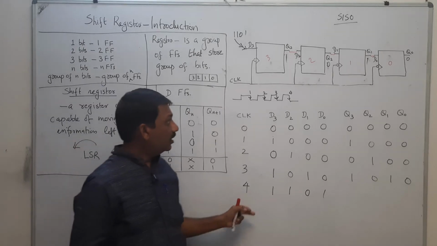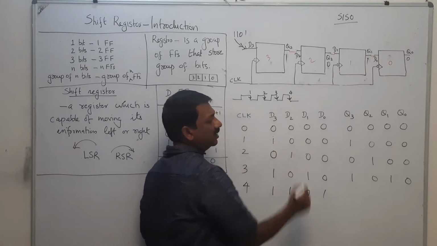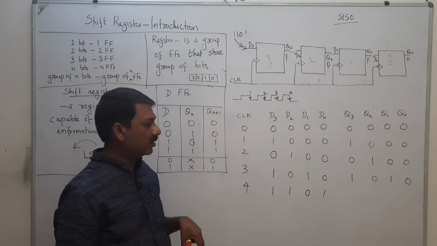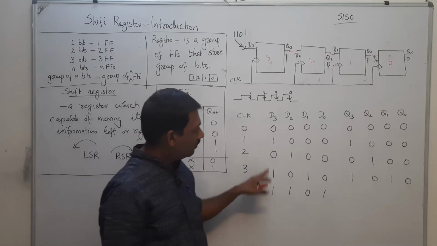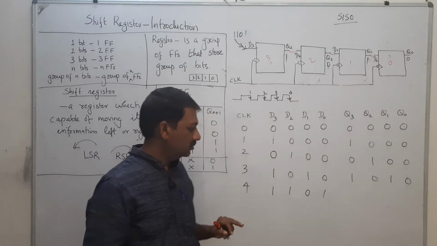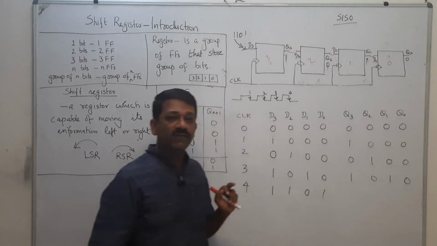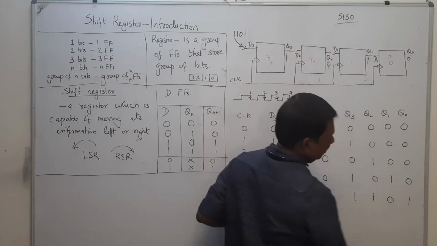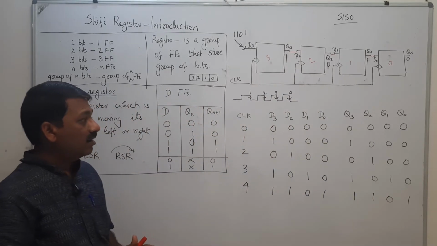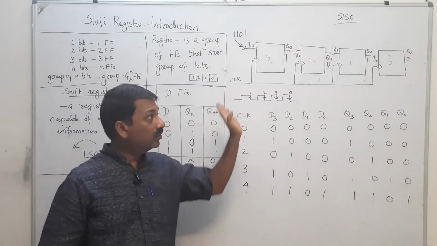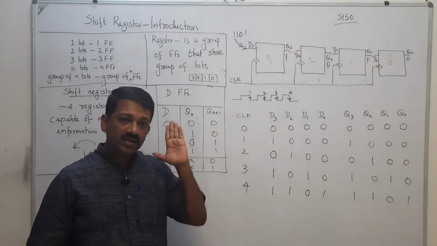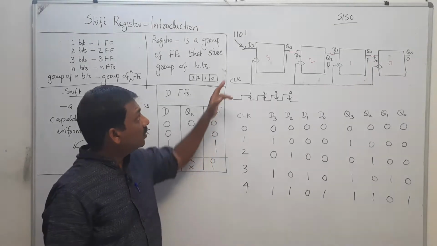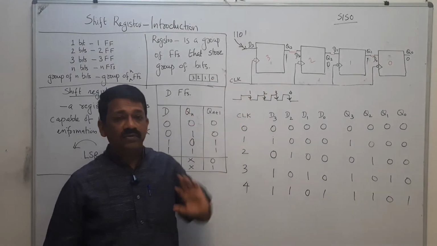Now at the next clock pulse, negative edge trigger, when the trigger occurs, depending on the values of D3, D2, D1 and D0, the flip-flops will be set or reset. And that will again be 1101. That means after four clock pulses you have stored this value into the four flip-flops.